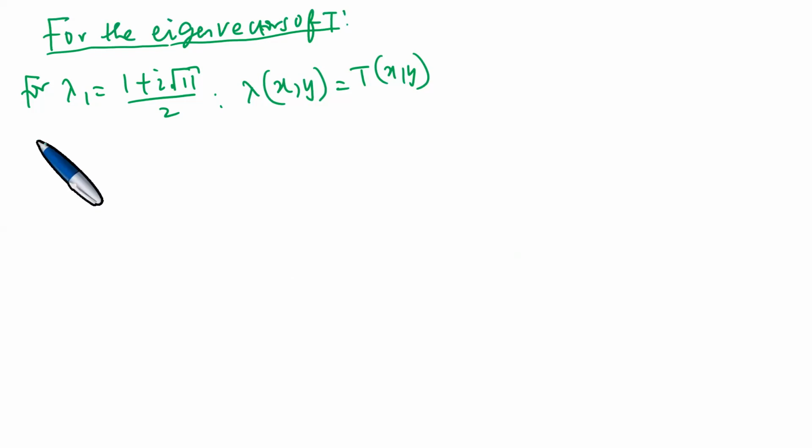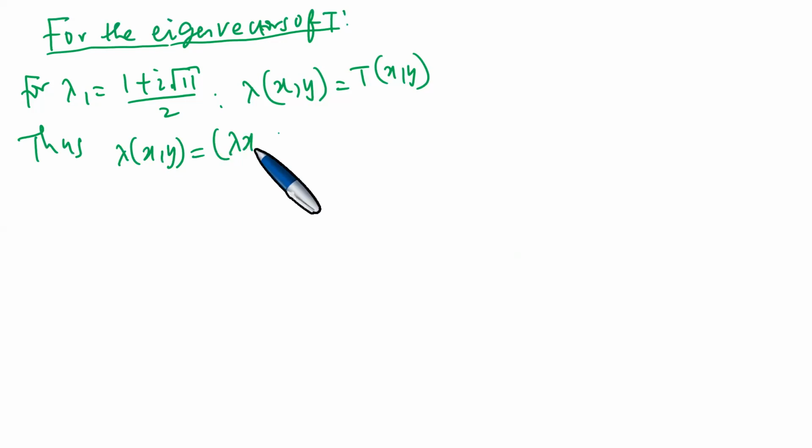Thus we can say if we have lambda into xy, for argument's sake, it is therefore the same as lambda x, lambda y. So you multiply straight away into the vector.